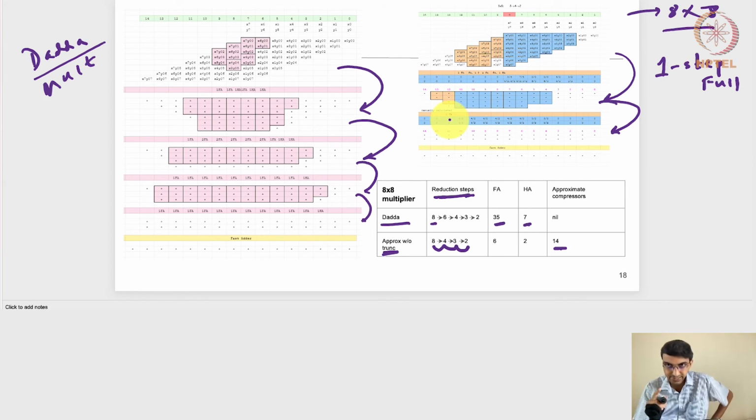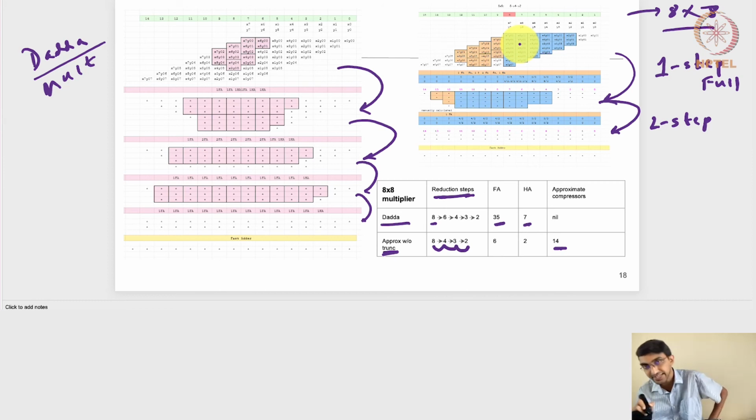So that becomes 1 step, and it would be applied for an 8-bit multiplication or a 16-bit multiplication. Thus 2-step full represents that we are applying the approximate compressors on both the stages, not only in the first stage reduction, but also in the second stage reduction, which will go into the third stage. Right. So we will have 2 stages where we will apply the approximate compressors.